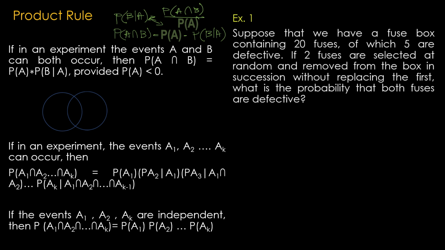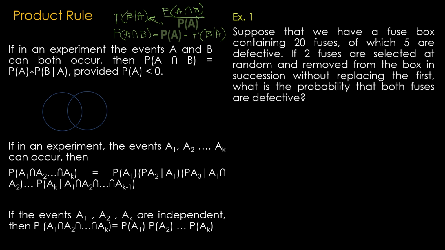Example. Suppose that we have a fuse box containing 20 fuses, of which 5 are defective. If 2 fuses are selected at random and removed from the box in succession without replacing the first, what is the probability that both fuses are defective? So we have a fuse box with 20 fuses, and 5 of those are defective.